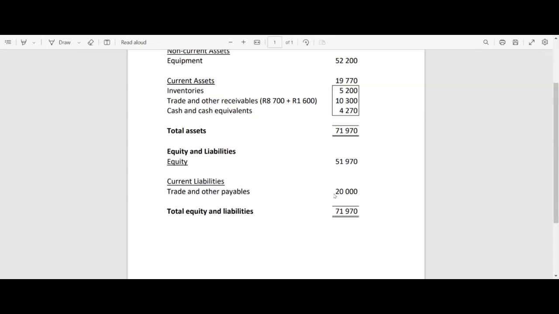In this case, we don't. And then we add up also our current liabilities, and we see that the bottom section of our statement of financial position, which deals with our equity and liabilities, has a total of 71,970, right? And those two amounts have to be equal.